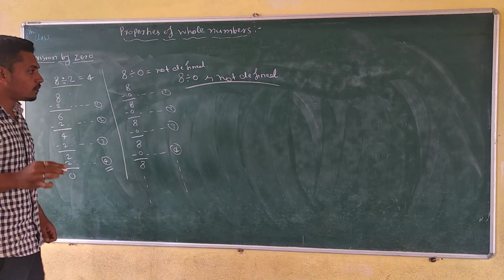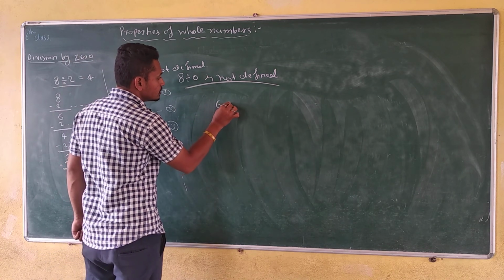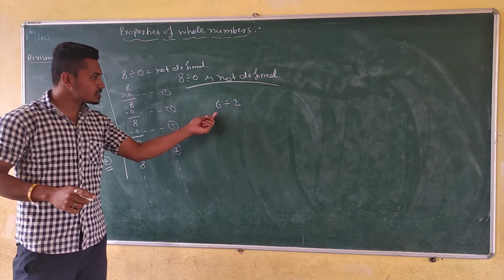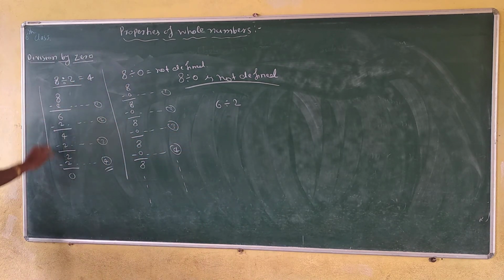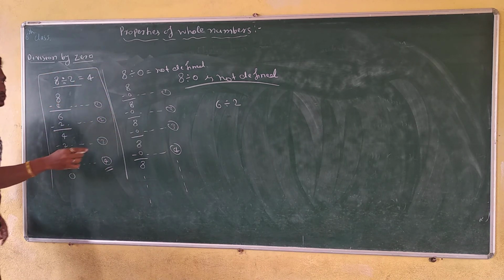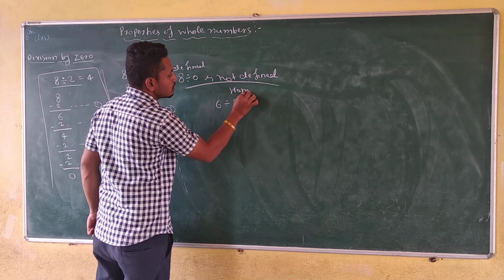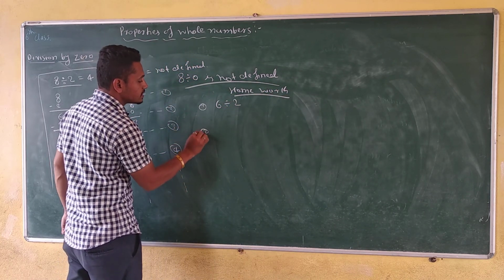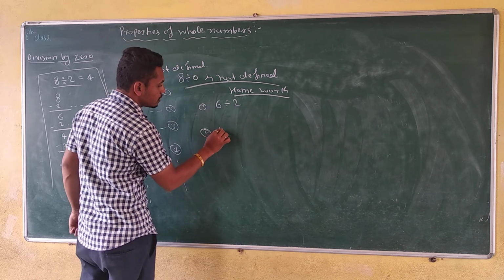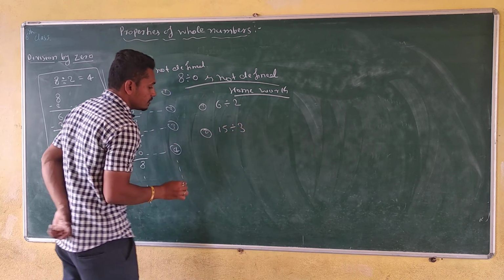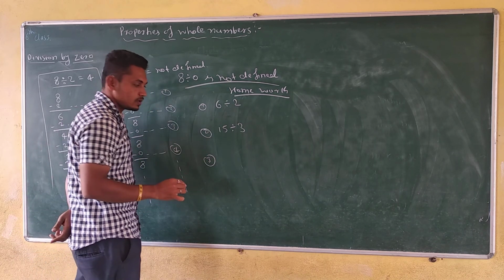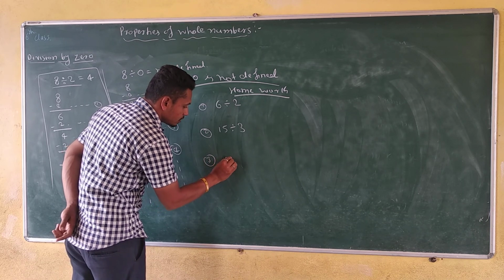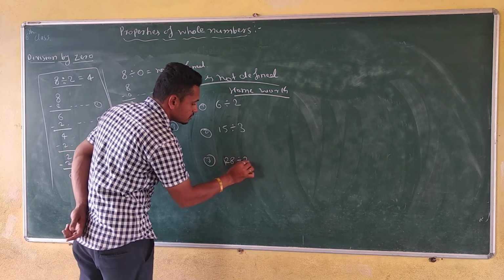Take one example, 6 divided by 2. You have to solve this in that form. This is today's homework. First, 6 divided by 2, second, 15 divided by 3, and third, 28 divided by 2.